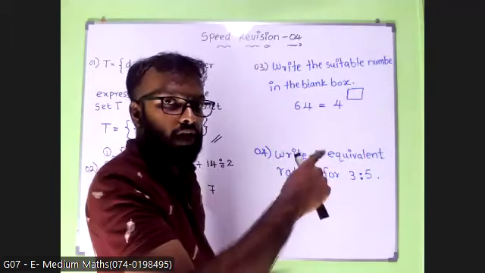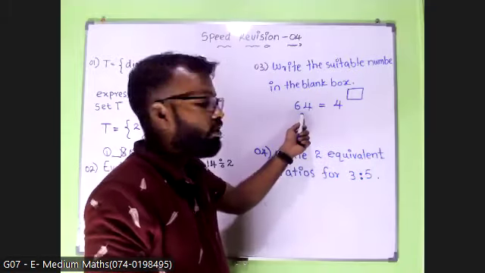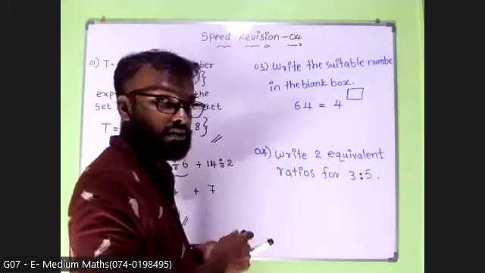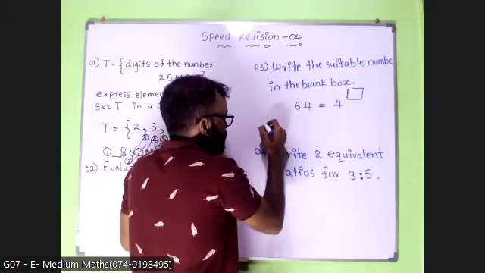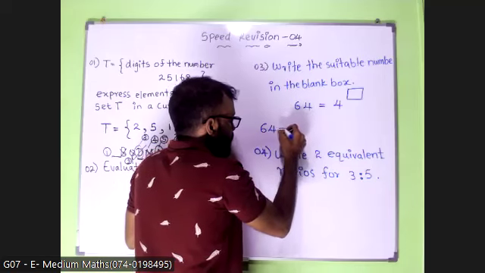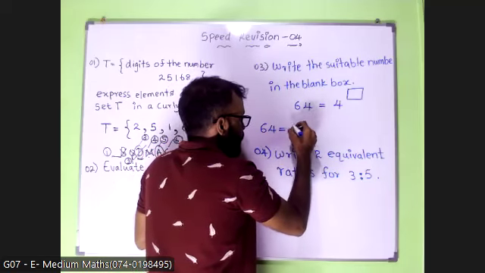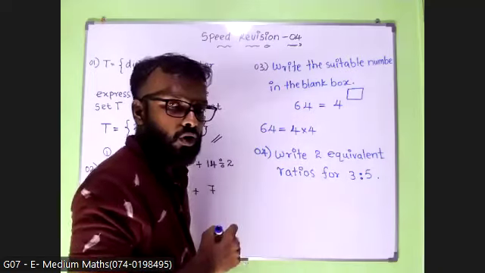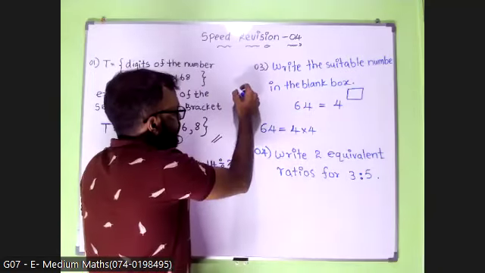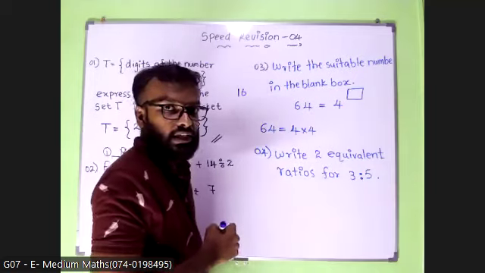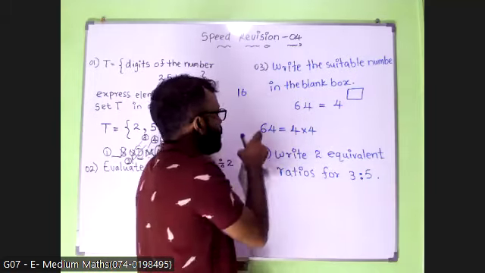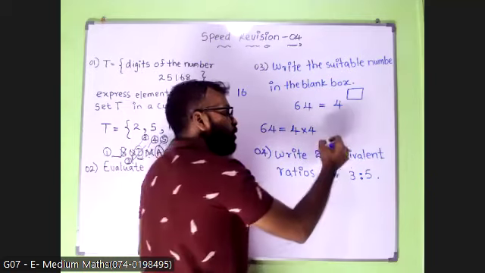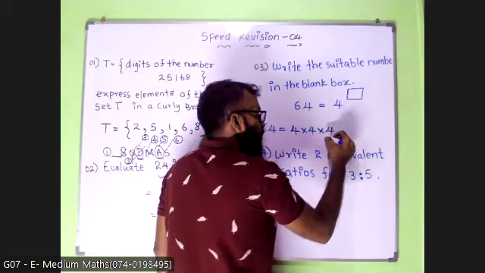How many times should 4 be multiplied in order to obtain 64? Let's see. 4 times 4, what is the value? 16. Okay, 16 is not equal to 64.